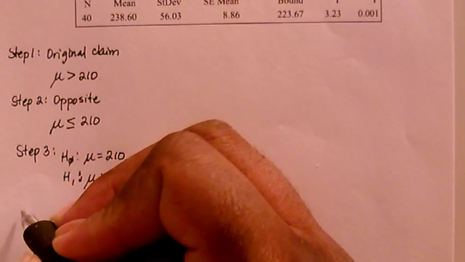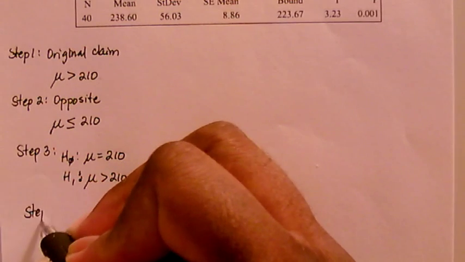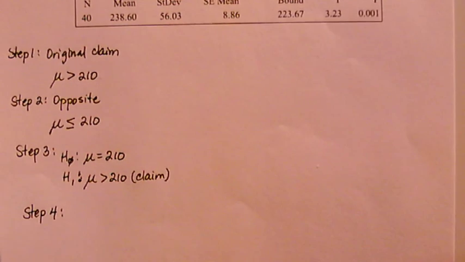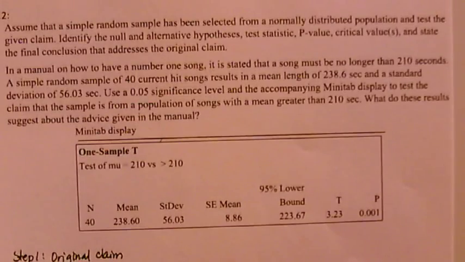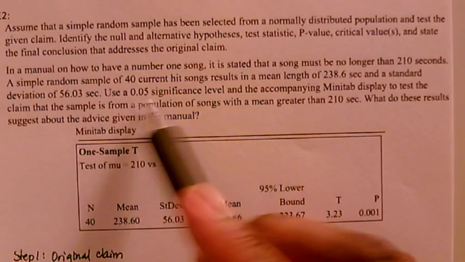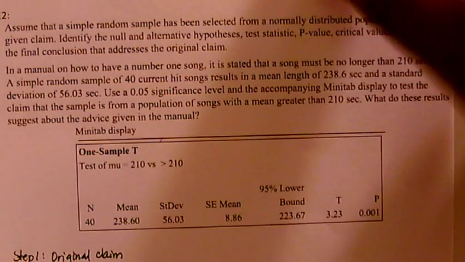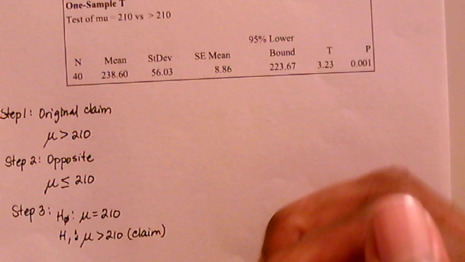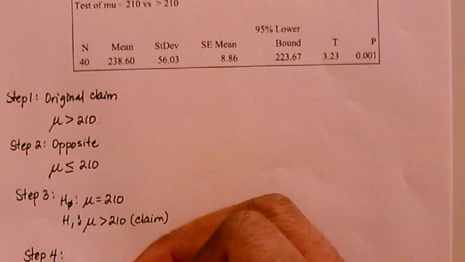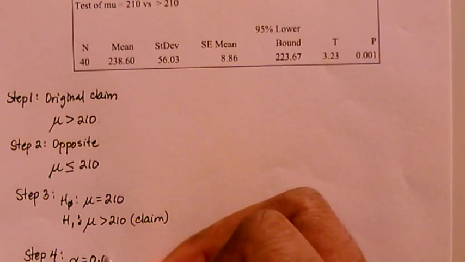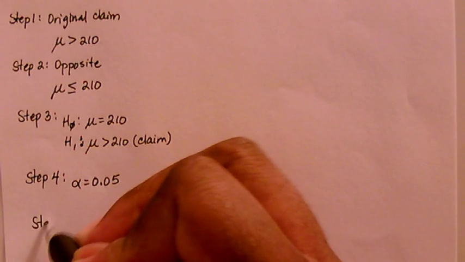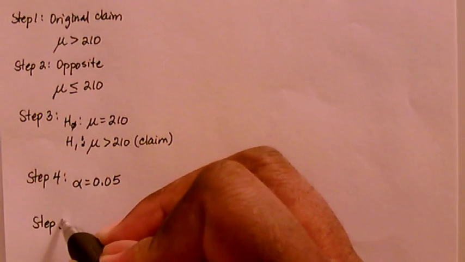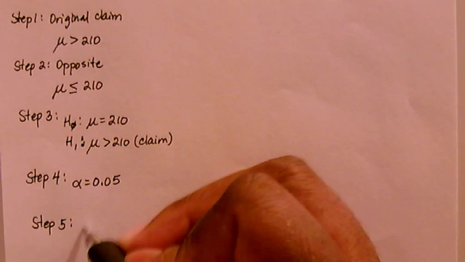And then step number 4 is your level of significance. Let's look back. Here we're using a 0.05 significance level that's given to us in the problem. So here, your alpha level is 0.05. Now step number 5 is your test statistic.